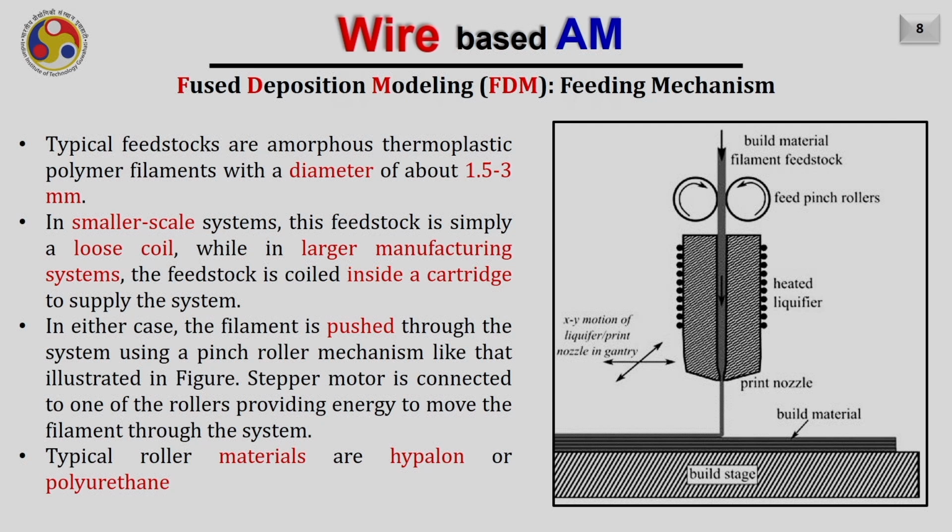In the case of smaller scale machines, these filaments are available as a loose coil, but if you go for a sophisticated system, these filaments are available as a cartridge and you can just replace the cartridge and put it back like you do in your conventional 2D printer.